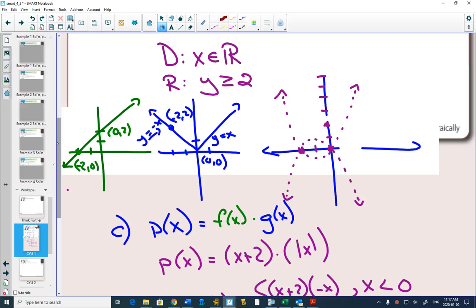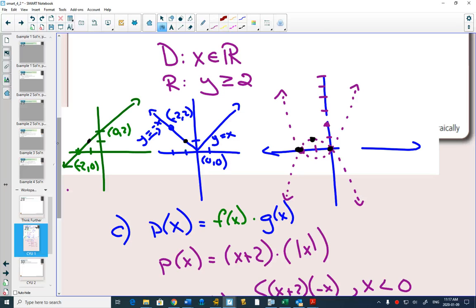My final graph, if I multiply these two together, and again, you could take specific points. I would hope that you would do 0 times this and get 0. 0 times this and get 0. Take another point, this one and this one. 1 times 1 and get 1. Does that make sense? You could do y values and find a bunch of points.